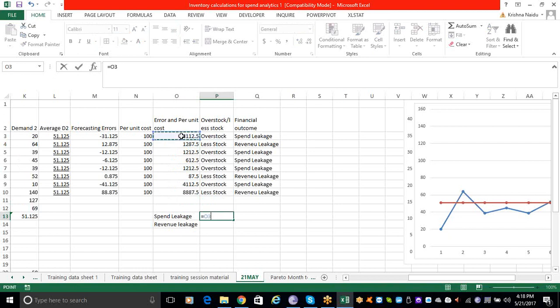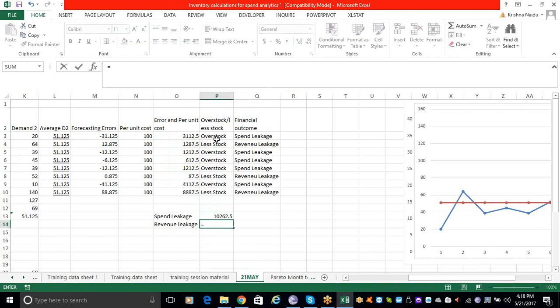Spend leakage: this plus this plus this plus this. You have missed one. I missed 03, 05, 06 and 07. Plus 09. Right? Now we have 5.